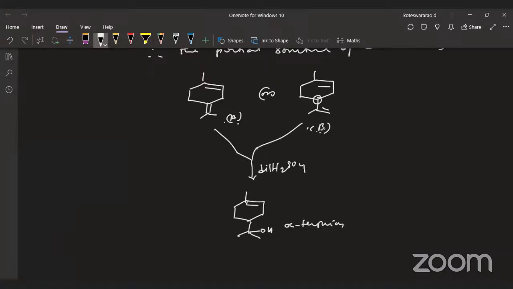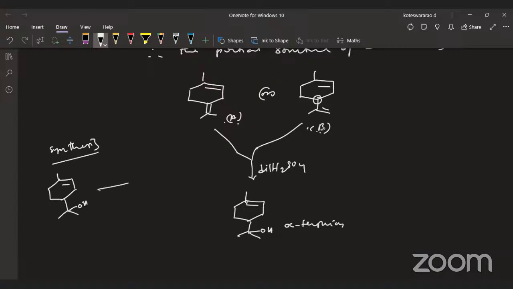Finally, its structure is confirmed by its synthesis. Previously you learned the alpha terpineol synthesis. Take the alpha terpineol from the previous synthesis; just one step is extended.